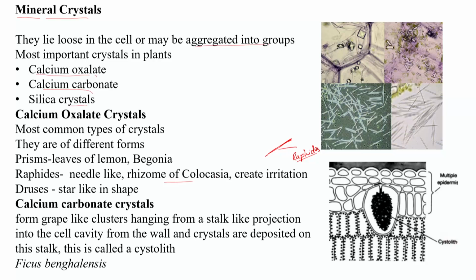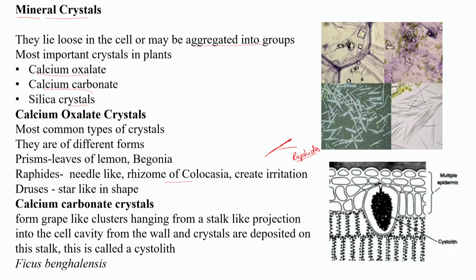Many a times you would have experienced that when you are eating colocasia, or cutting or dealing with it, some sort of irritation occurs in the hand or in the throat also. It is because of those crystals. Then they could be prism shaped also, which is found in leaves of lemon and begonia. Then star shaped crystals are also there, which are known as druses.